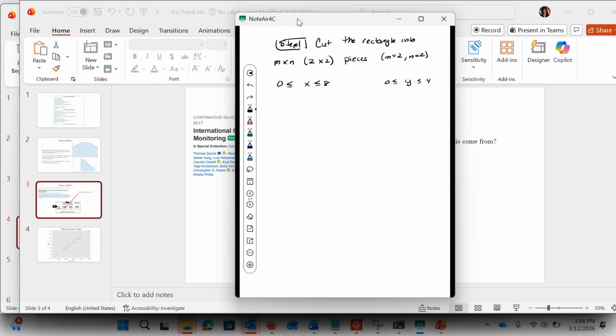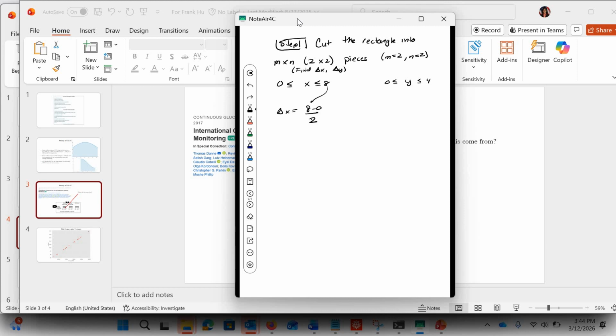So my delta x is going to be 8 divided by 4, which is, actually, let me put the whole thing up, because you don't have to have it go by 0. It's going to be 8 minus 0 divided by 2.